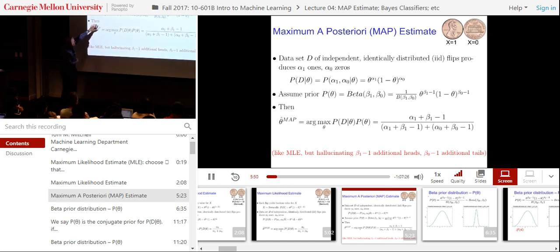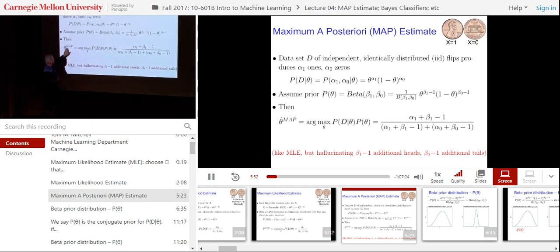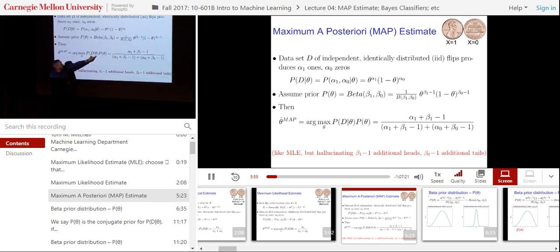And then when we work out the MAP estimate, which maximizes our old friend, the data likelihood, times this new prior, we found that the value of theta that maximizes this product is actually this. And so we can interpret this as though we're adding in beta 1 minus 1 hallucinated imaginary examples of coin flips where the answer is x equals 1, plus beta 0 minus 1 imaginary flips where the outcome is x equals 0.